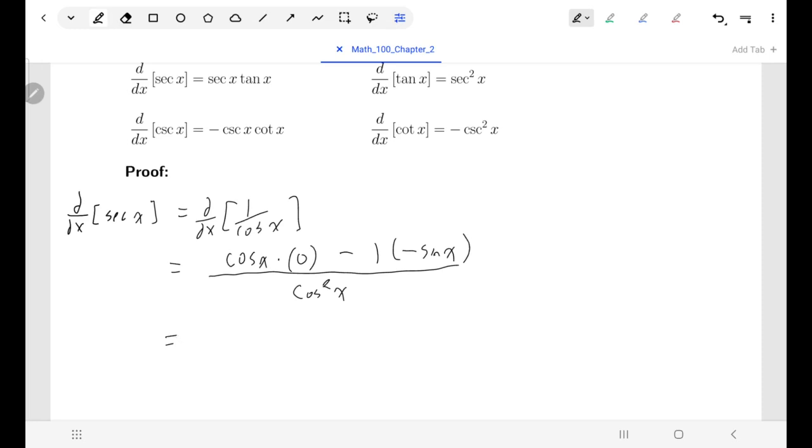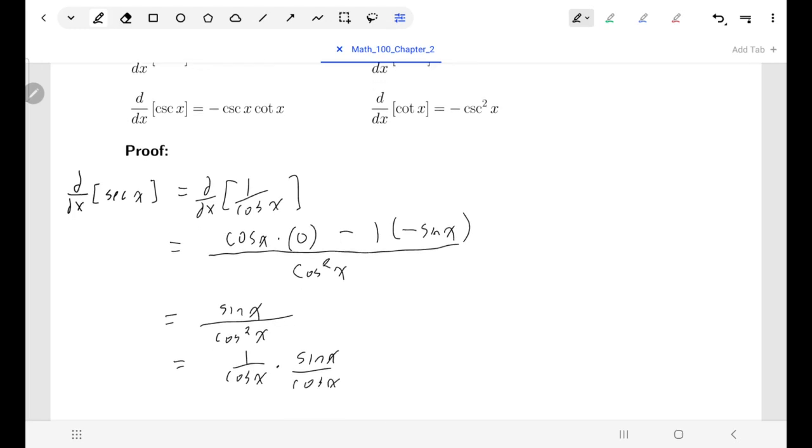As far as the numerator goes, you now have positive sine of x. And in the denominator, you have cosine squared of x. And now, to get the rest of the derivative formula, it's just a little splitting up and we're finished. I can rewrite this as 1 over cosine times sine over cosine.